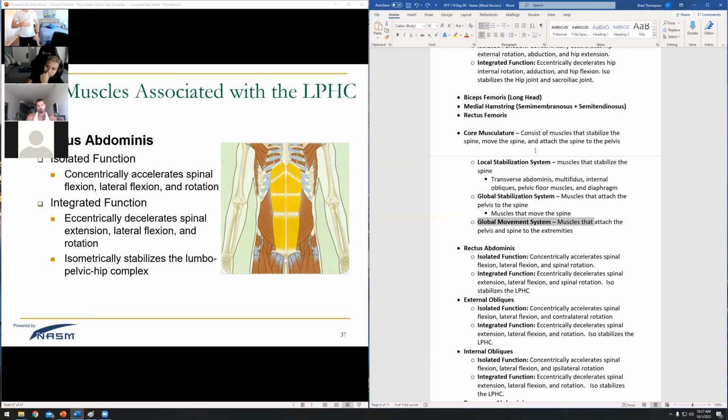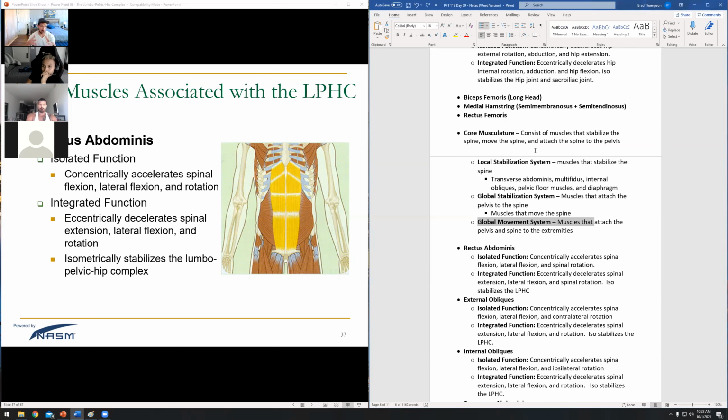That is going to be the transverse abdominis in the front, the multifidus in the back, the internal obliques on both sides, your pelvic floor muscles, and then your diaphragm, which is actually a breathing muscle, but it does create stability inward. That's why you get the wind knocked out of you when you get hit in the gut and you feel like you can't breathe. Not only can it not create stability, it can't open your lungs up.